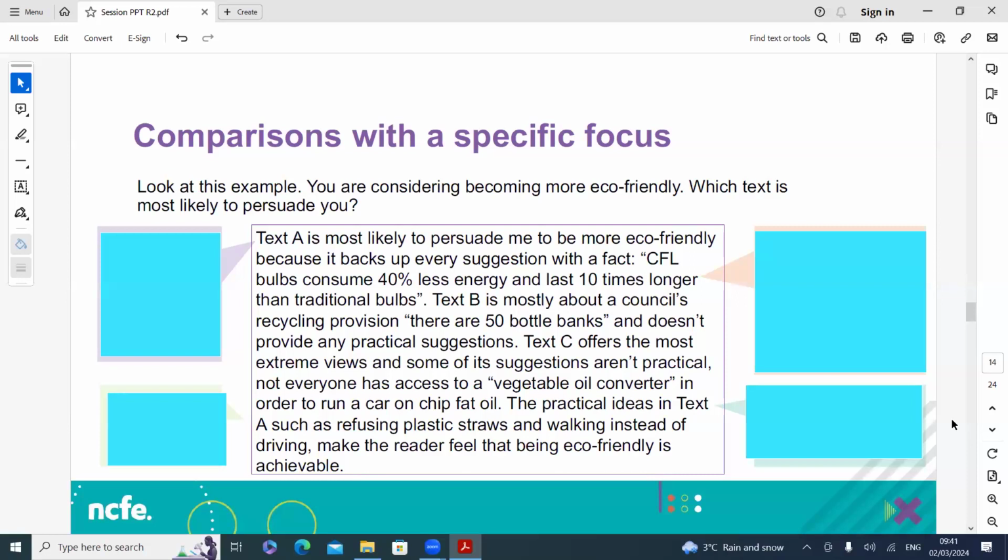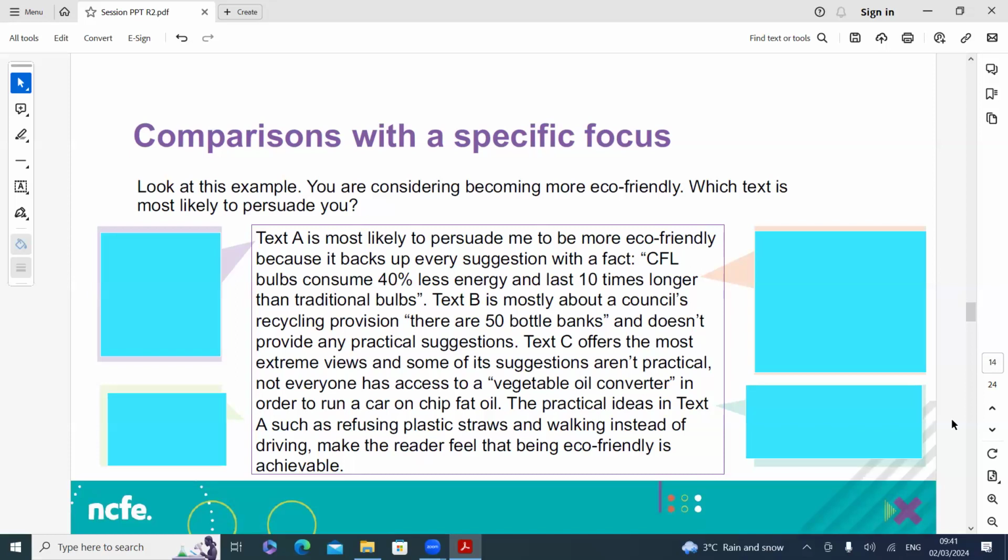Which text is most likely to persuade you? Okay, so you are comparing them, but you're going to say why one of them is more likely to persuade you. So what is it in that text that is most likely to persuade you?